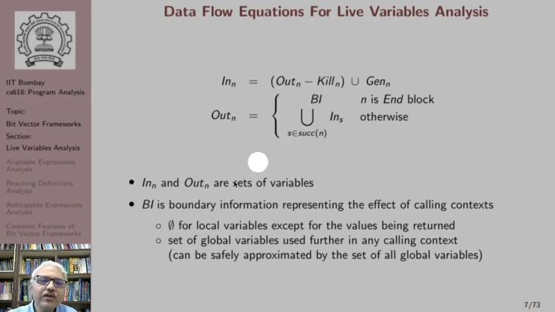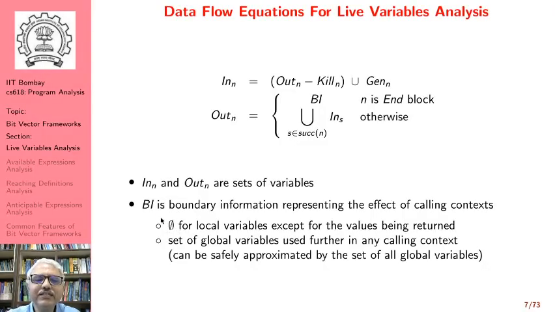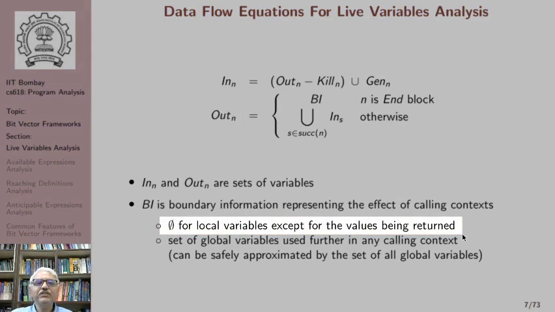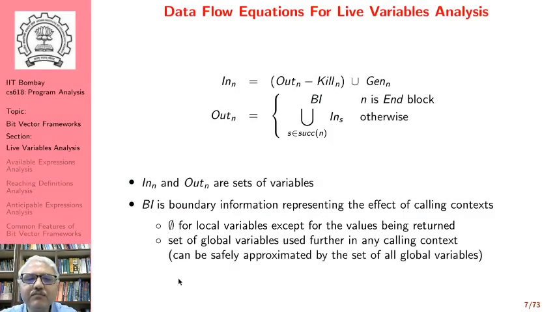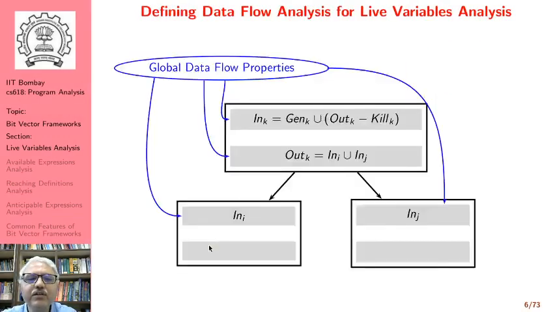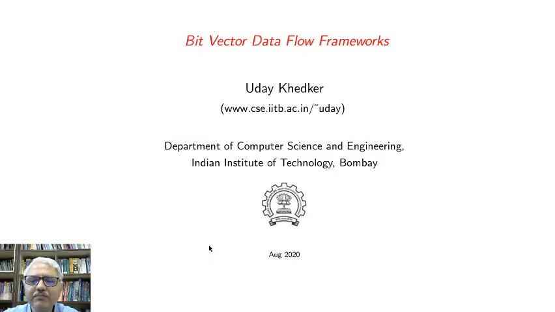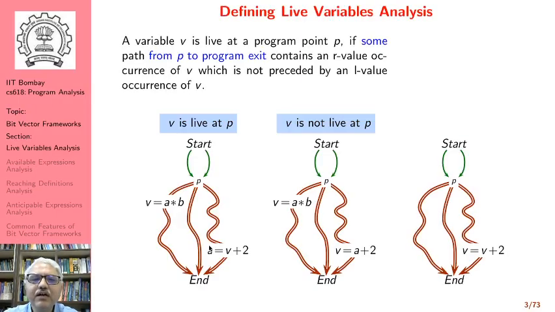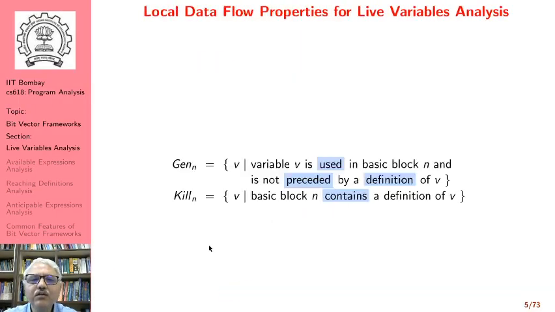And if you're talking about just the local variables, then it's easy to imagine that no local variable is live at the end of the procedure. So therefore BI is the empty set for local variables. However, for the global variables, we need to include the variables that are live after a call to the procedure.